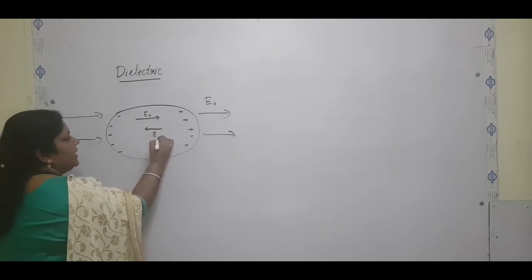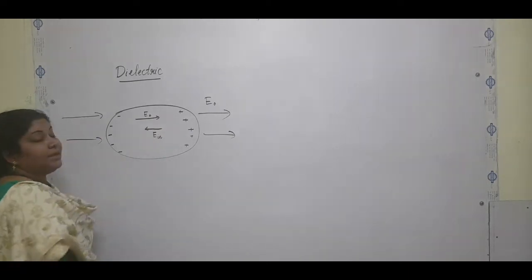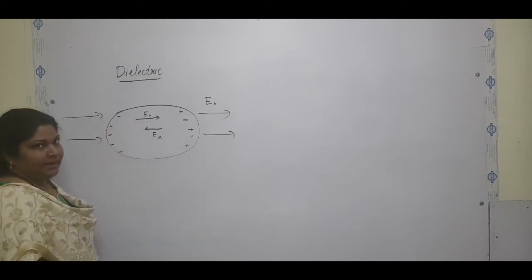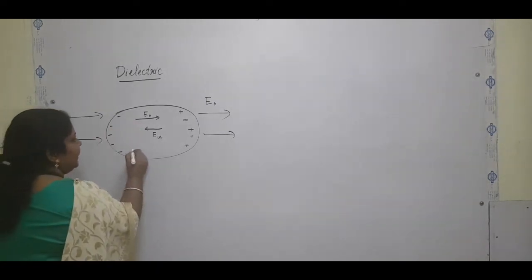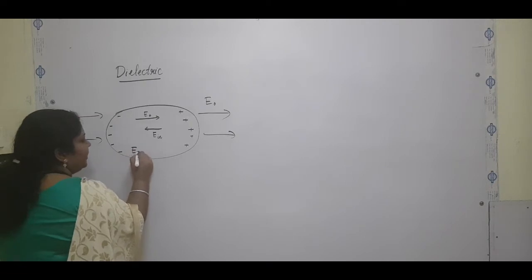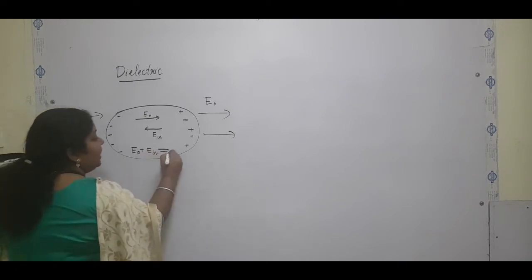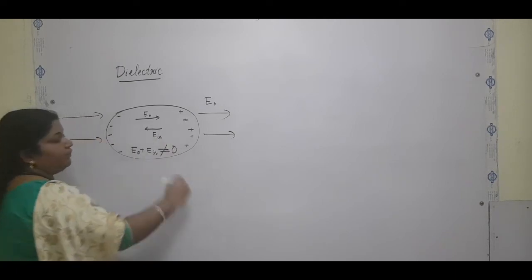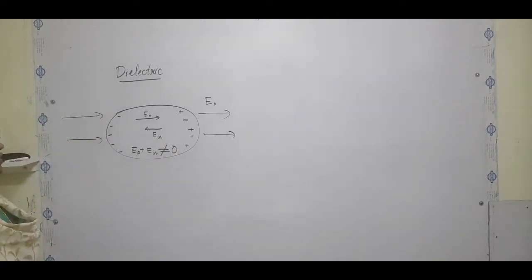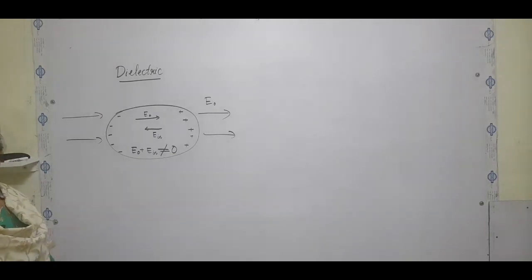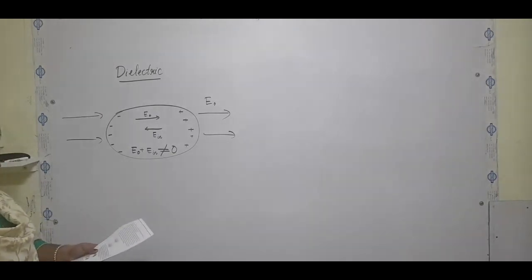We call it E induced. But E induced will not cancel out the applied electric field. So in the case of a dielectric, if you add the applied electric field and the electric field which is induced in the dielectric, it will not be equal to 0. That is the specialty of a dielectric. It will have some electric field. It will not be equal to 0.